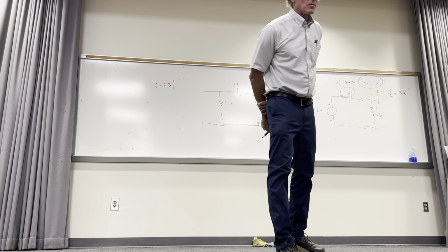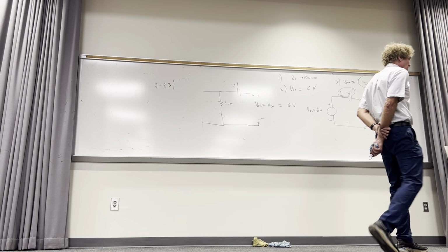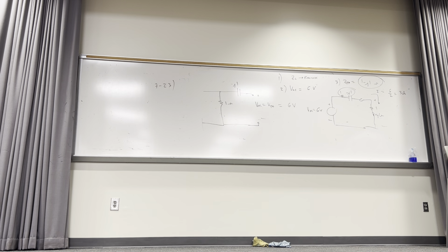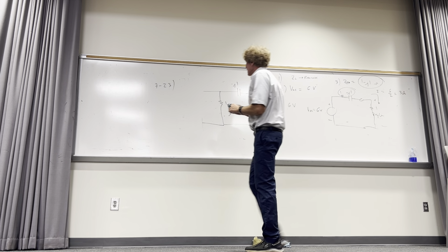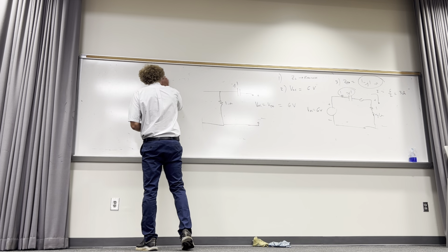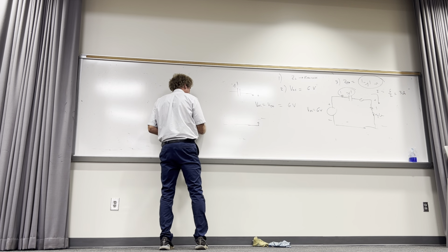Might want to do one more just to clarify. I think you guys will get this. I'm trying to find one that's a little more difficult. All right, we could look at 7.25. They're all the same type of problem.